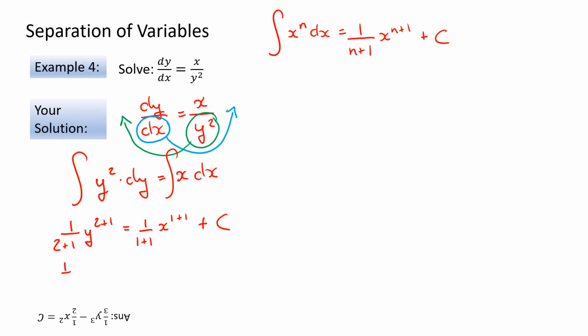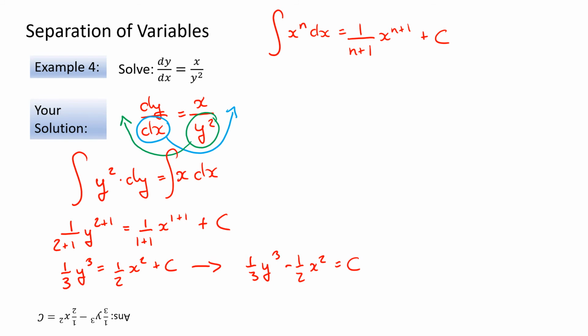Simplifying this, we get 1 over 3 y cubed is equal to 1/2 x squared plus a constant. Or if you really wanted to simplify it, you could put the constant on one side and you get 1/3 y cubed minus 1/2 x squared is equal to a constant. It really doesn't matter how you come up with your final form.